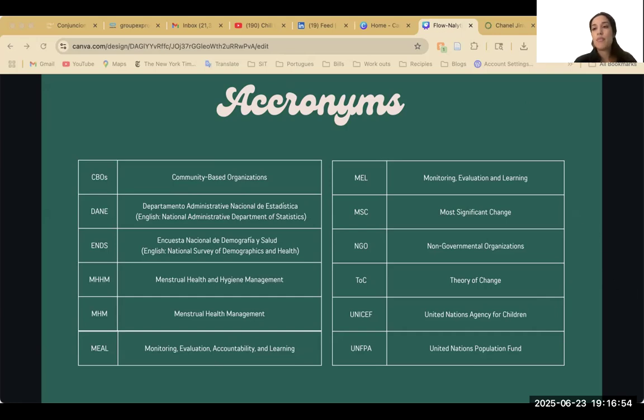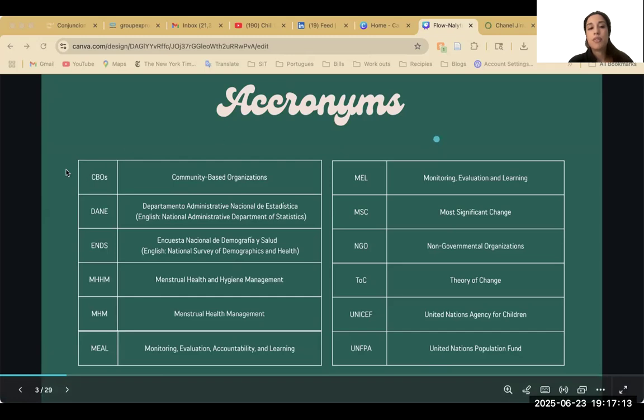One note to have here is for MHHM. MHHM and MHM are kind of interchangeable, and I will touch on this now because I'll forget.